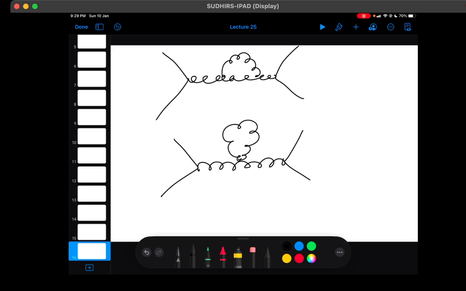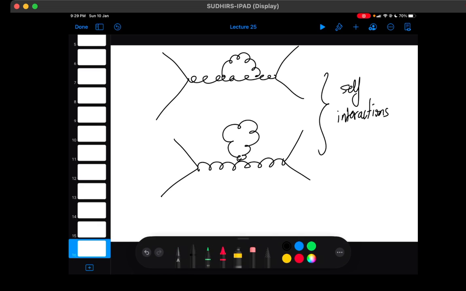So these diagrams, these self interactions, the computation is slightly complicated. I won't be able to revise the entire thing, but they play a crucial role. In fact, it can be shown that these have an opposite sign. The triple gluon vertex contributes with a negative sign to the evolution of the strong coupling constant.